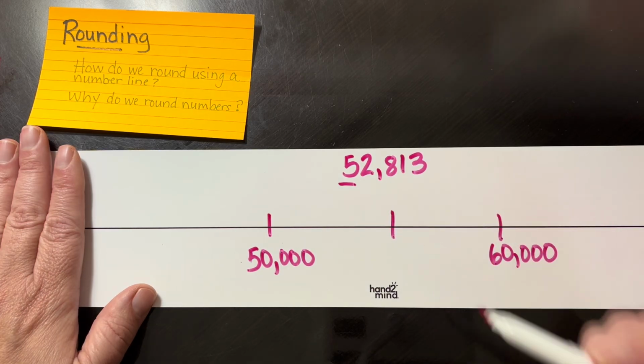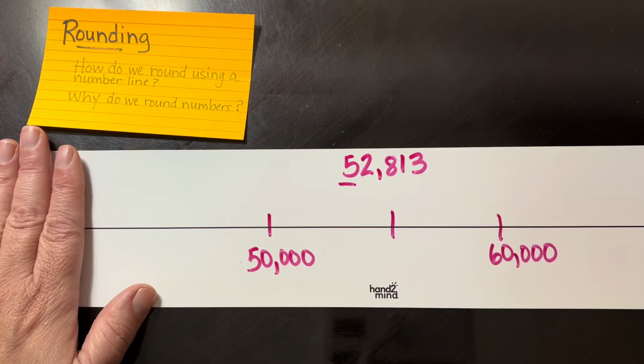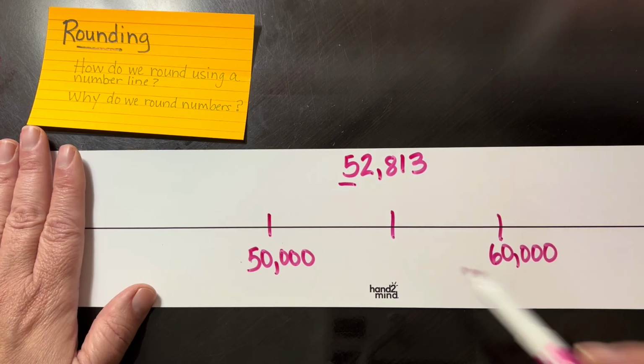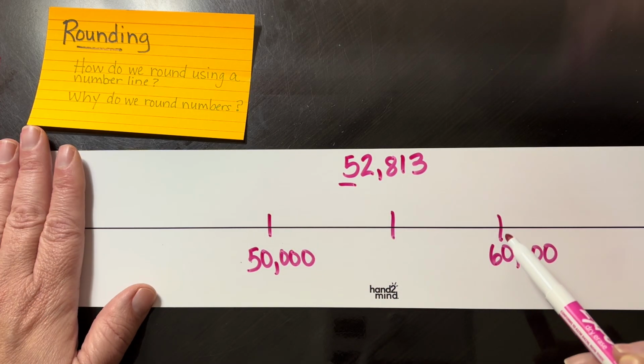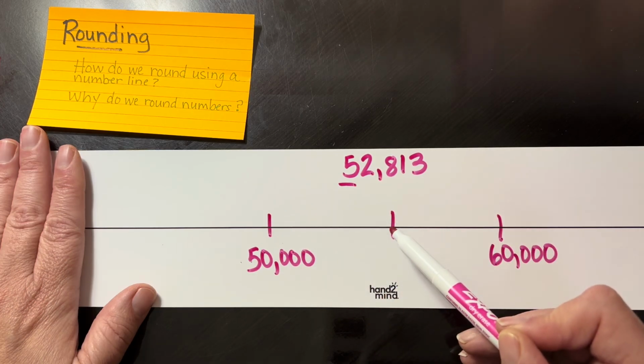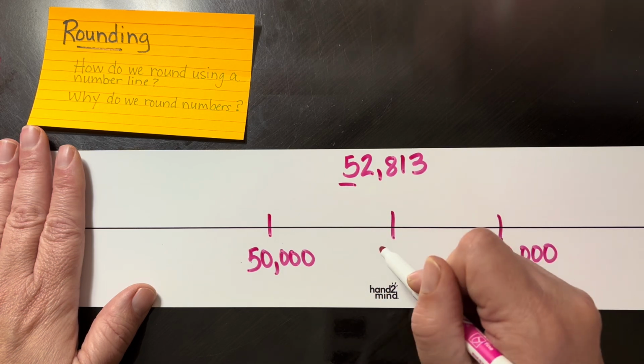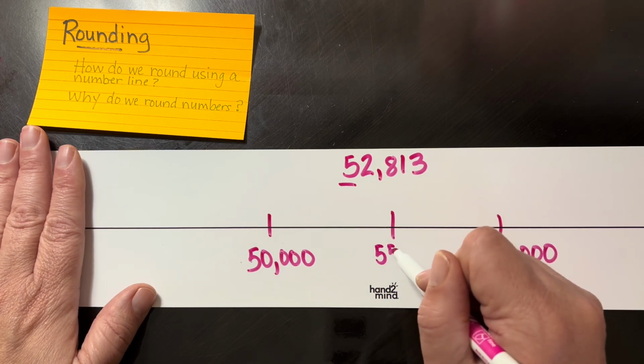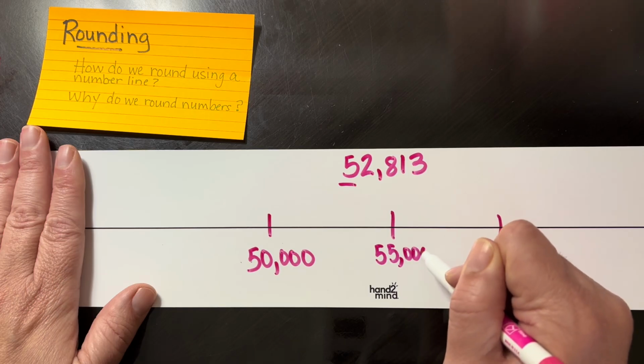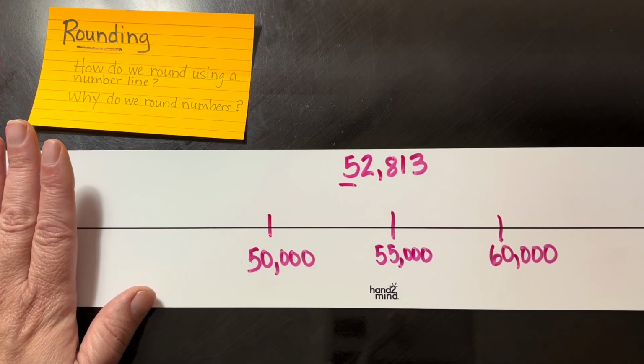Just like before with the easier ones, we need to find our benchmark, our midpoint. If this leap is 10,000, half of that would be a 5,000 leap. So I would add 5,000 to 50,000, giving me 55,000 as my benchmark.